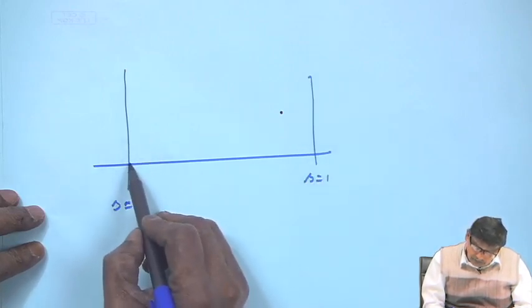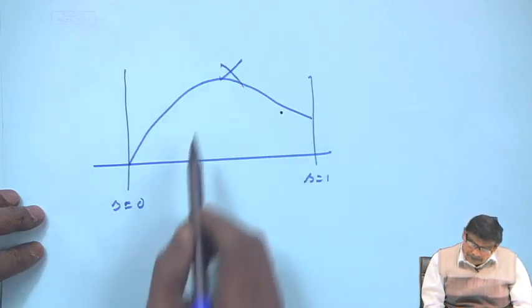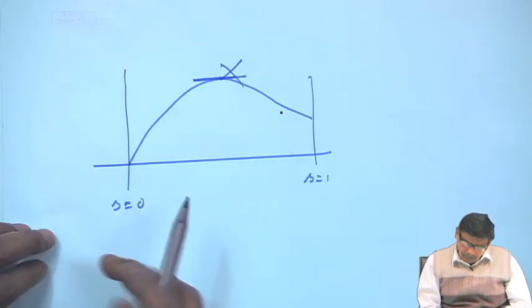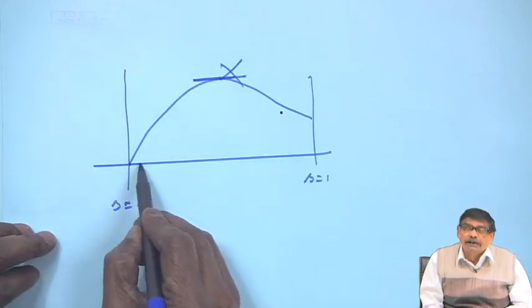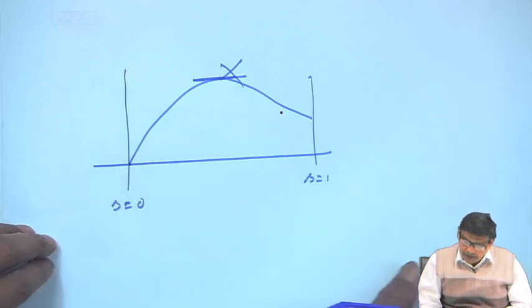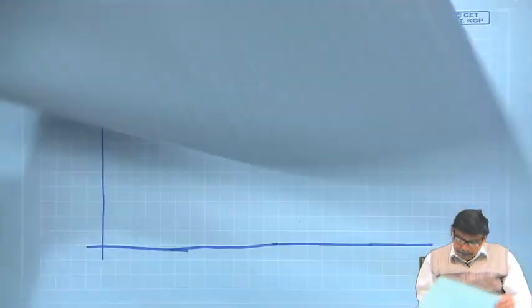Students are often found to draw it like this, and no, never draw it so, because the T max for a well designed motor will be close to S equal to 0. A typical value I told you is S equal to 0.1. So, just do not draw like this.